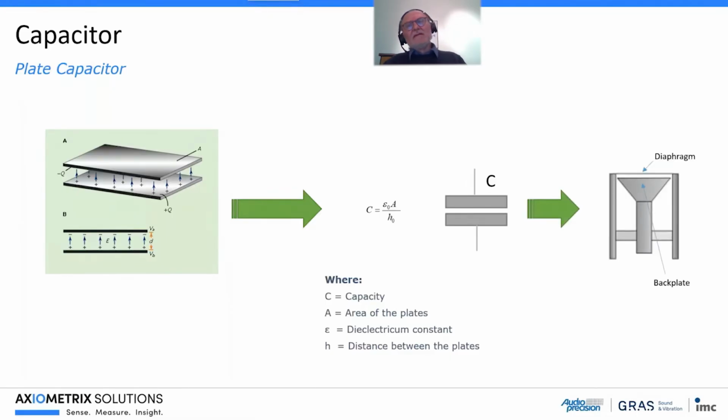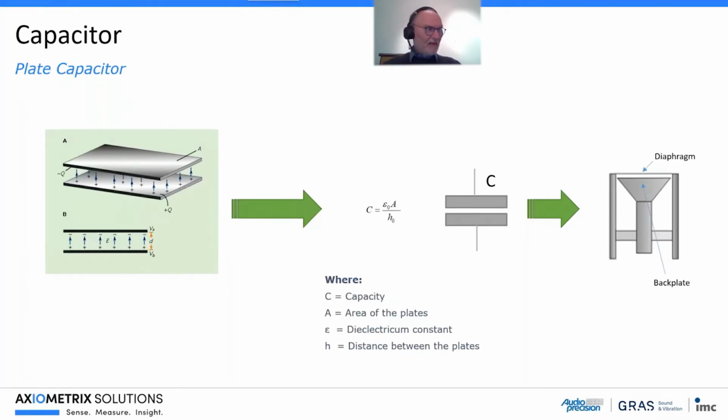If we go back and ask how it actually works in a measurement microphone, the measurement microphone has a diaphragm. It's actually one of the plates. And then it has a back plate, the other plate. So the capacitor is built up by the diaphragm and the back plate. In a microphone, the diaphragm will move due to the pressure fluctuations.